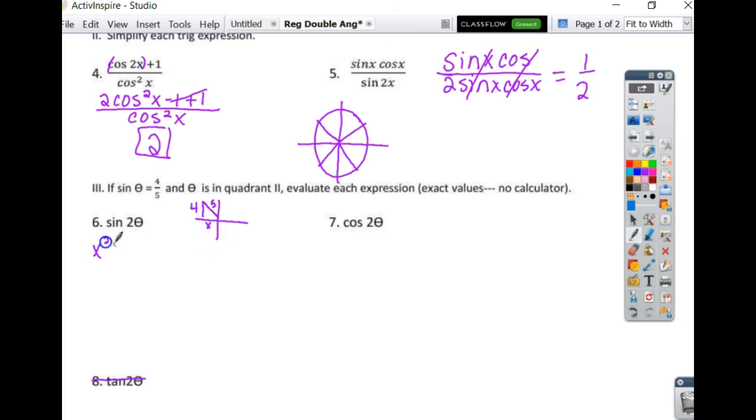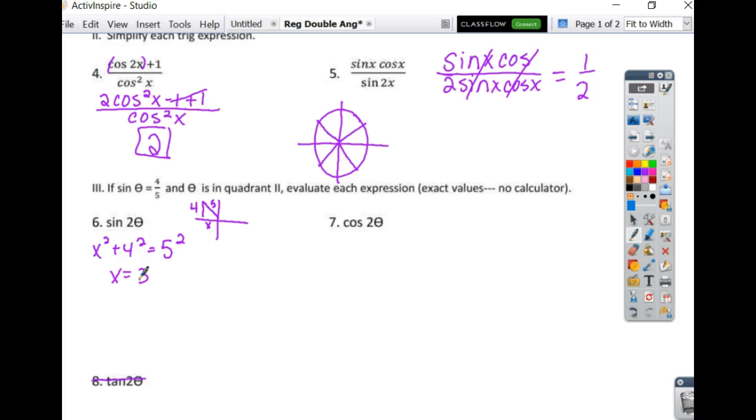So I'm going to get x squared plus 4 squared equals 5 squared. Does anybody recognize the pattern? It's a 3, 4, 5 triangle. So my x is 3. Okay, go ahead and work it out if you need to, because you take the square root at the end.